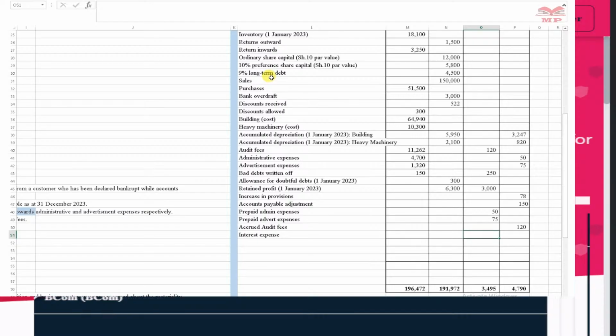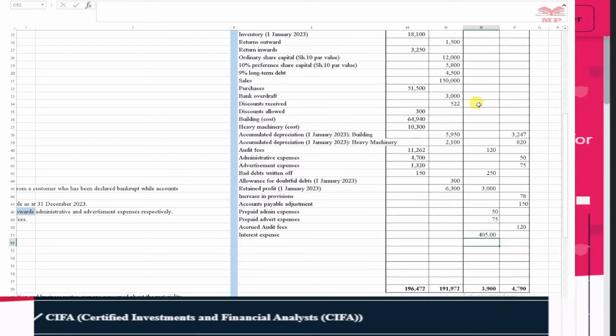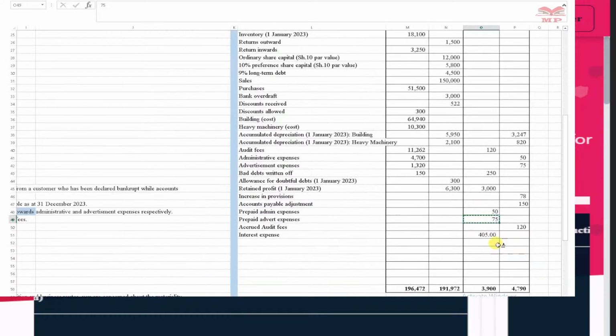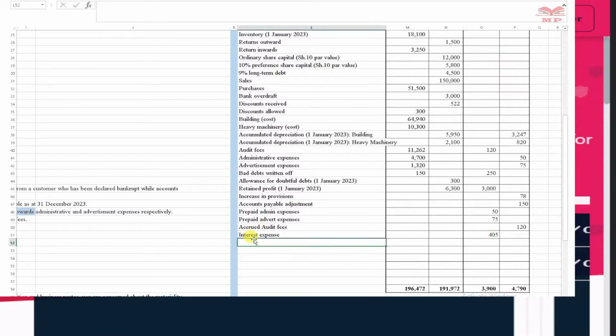You can see 9% of 4,500. 0.09 times 4,500 right here. 45. Put it like so, same format as these others right here. So 45. That is the interest expense.